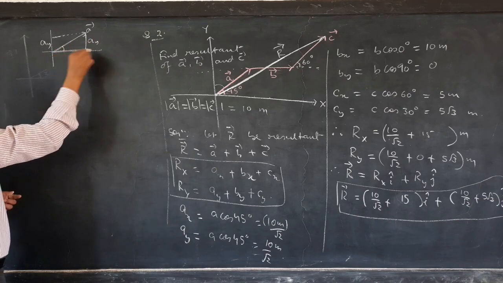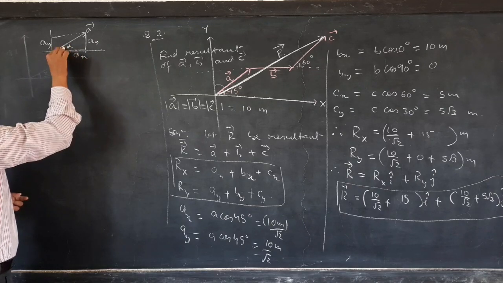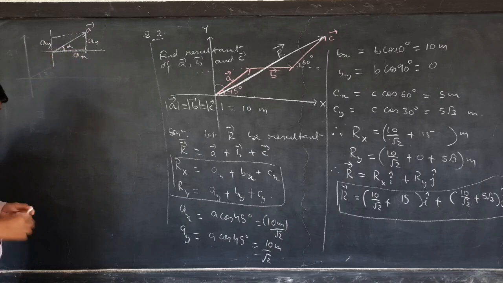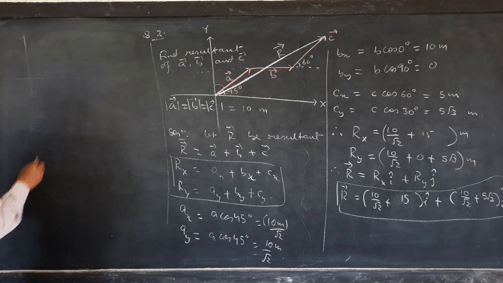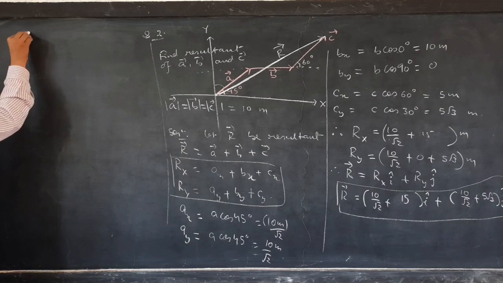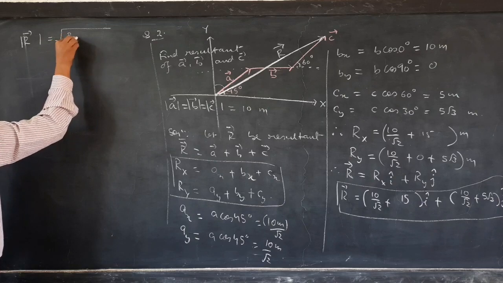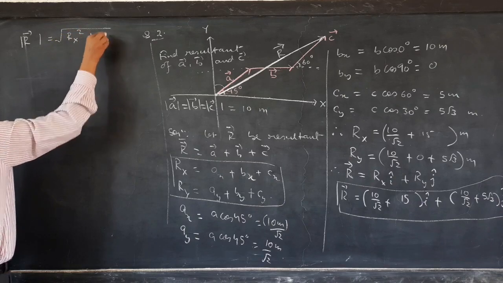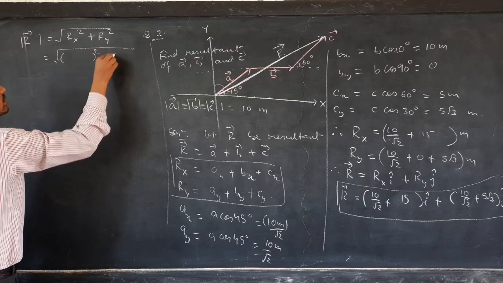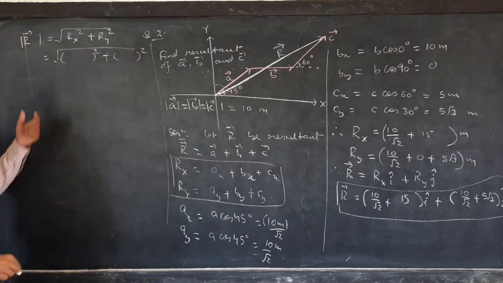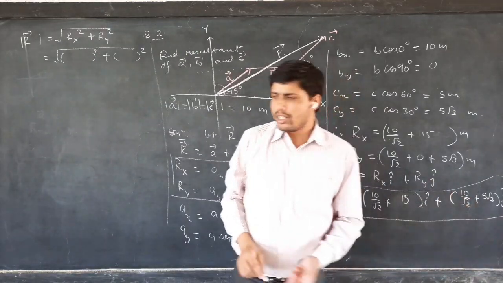And if it makes some angle alpha with the x-axis, then tan alpha is y component by x component. So with this in mind, we can easily write the magnitude of r vector is equal to under root rx square plus ry square. Now the rest is mathematics, which I will not do here. Instead of rx and ry, you have to put the values, and then you can simplify it to the extent you can.